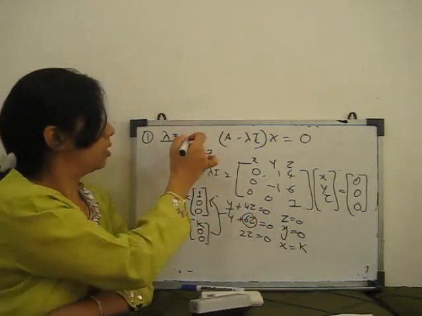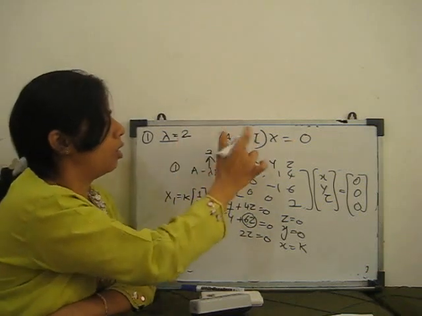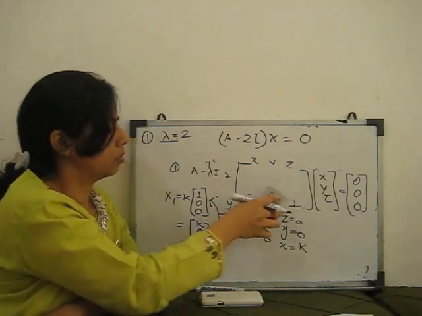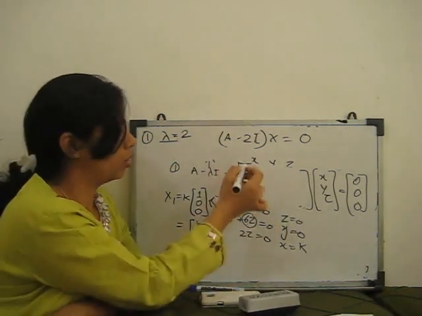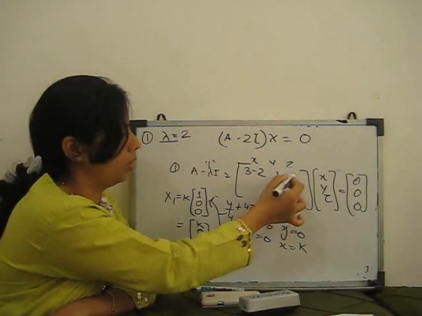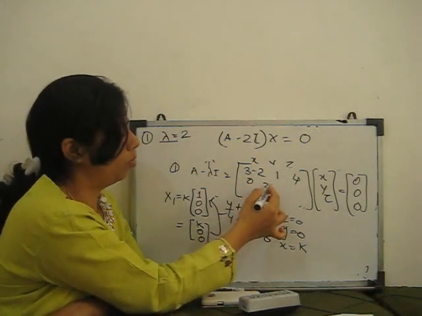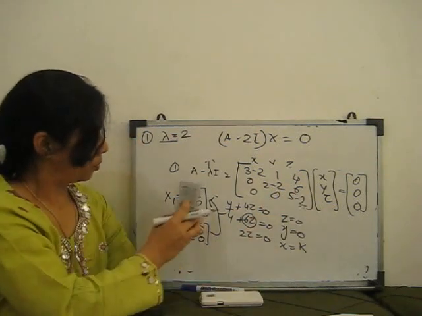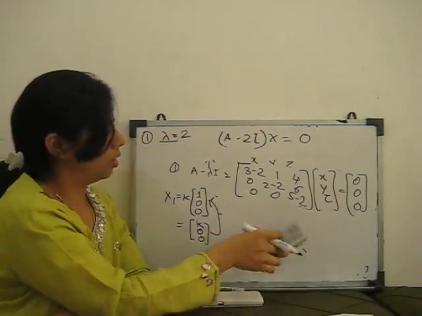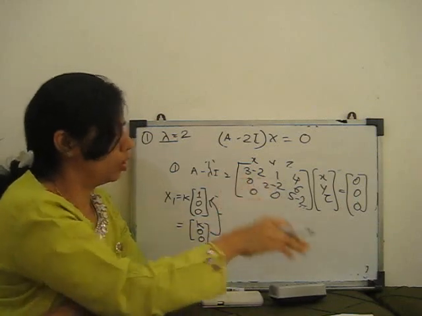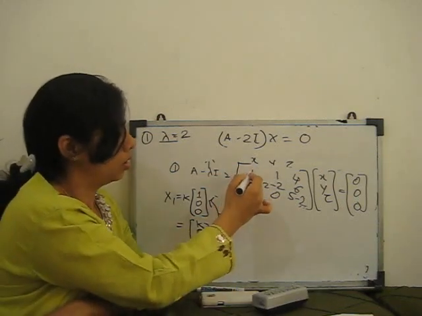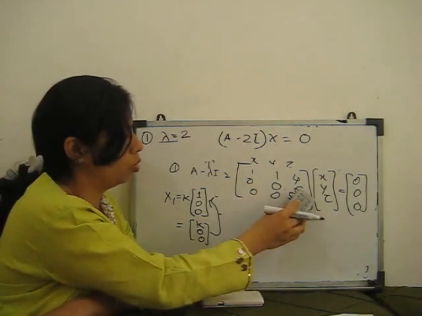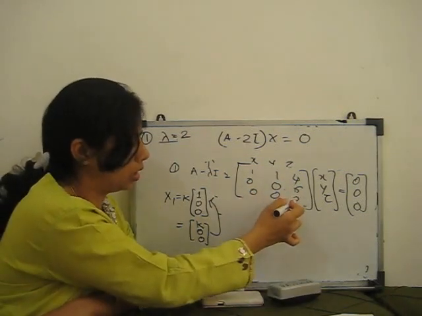For the second vector, λ = 2, we have to find A minus 2I. I rewrite it again: 3 minus 2, 1, 4; 0, 2 minus 2, 6; 0, 0, 5 minus 2. So our matrix reduces to 3 minus 2 giving 1, 2 minus 2 giving 0, and 5 minus 2 giving 3.